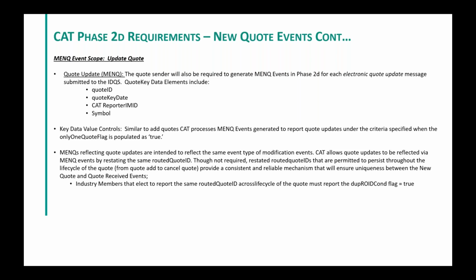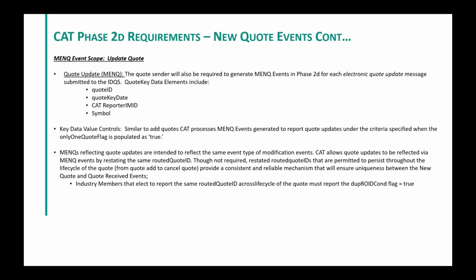Really, the way to look at it is you're going to have a foundational event that starts the quote lifecycle. That's going to be the quote add. After the quote add is received, each subsequent update could reflect the same base quote that was sent, the quote add.